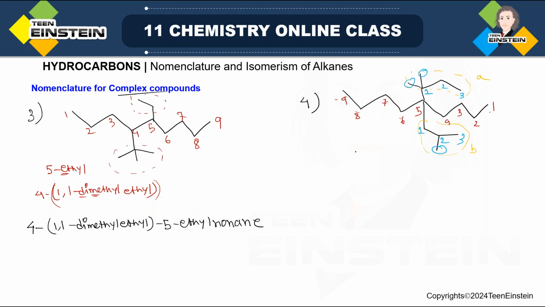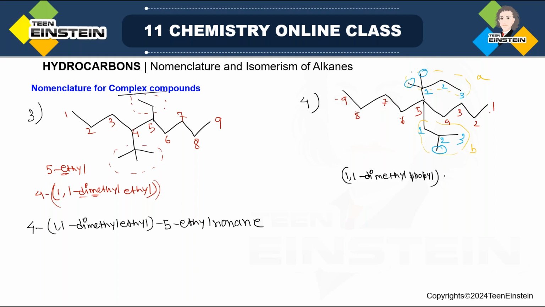Now the name for the A part is basically 1,1-dimethyl, longest chain propyl. So this is the A part, and the B part is 2-methyl propyl.